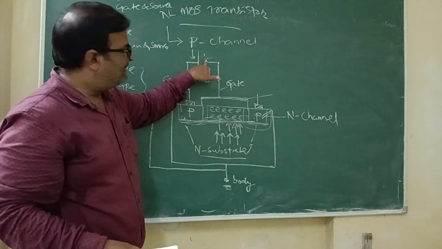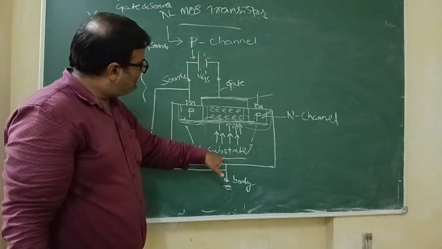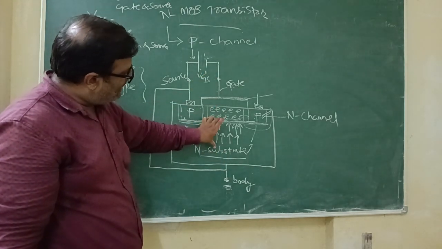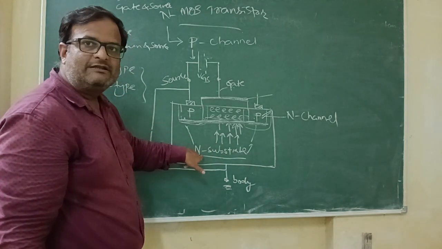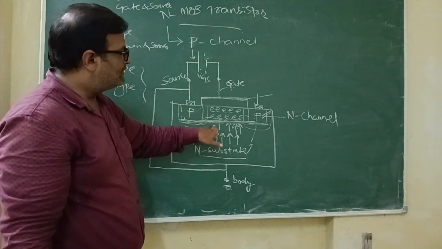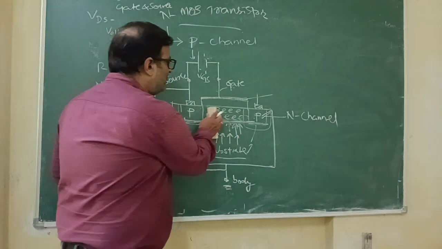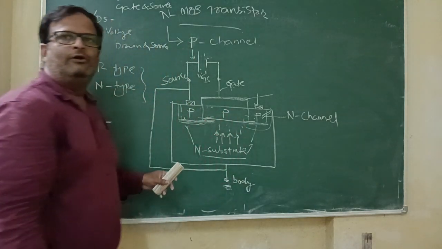Due to this negative charge and due to this N substrate, the holes, the minority charge carriers in this substrate, that is the positive charge, are attracted towards this channel, and this makes a P channel.